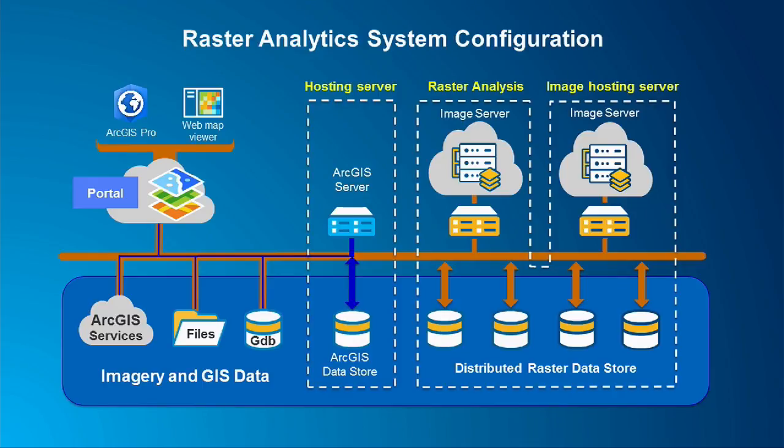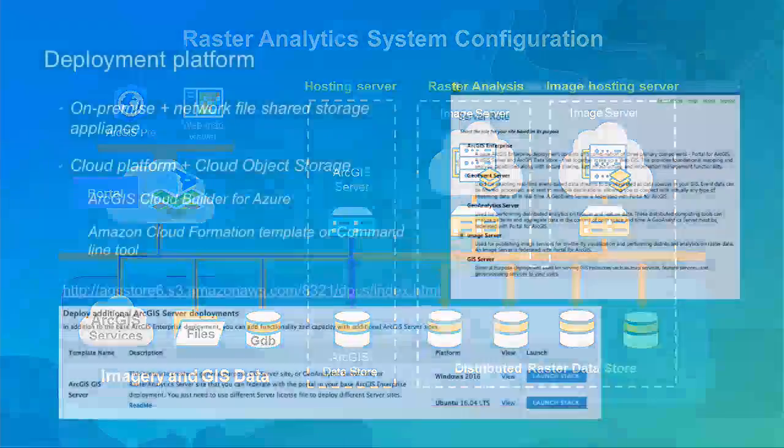I'll get into more details about what the distributed raster data store is and why it is important. Again, as Vinay said, for distributed enterprise raster analysis, you can use all the existing data that you already registered to your federated ArcGIS Server and use it as input for your raster analysis.